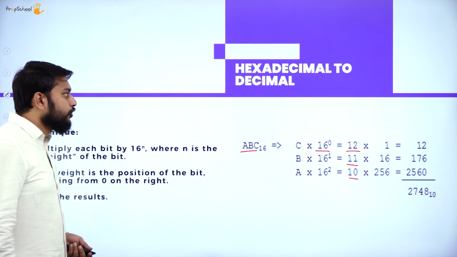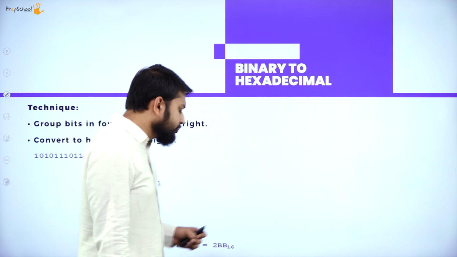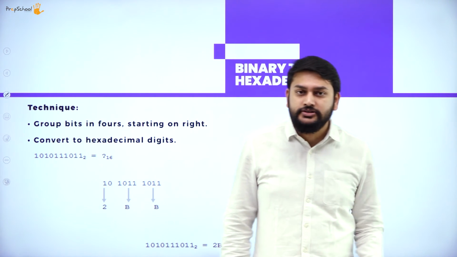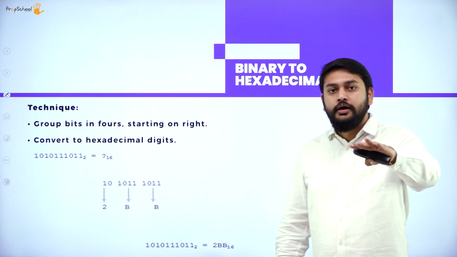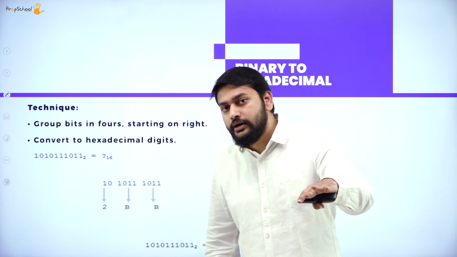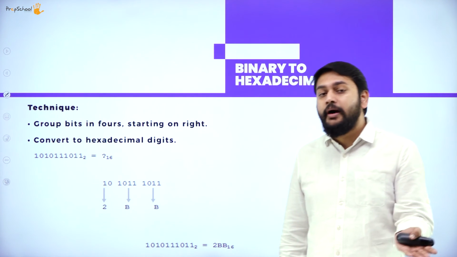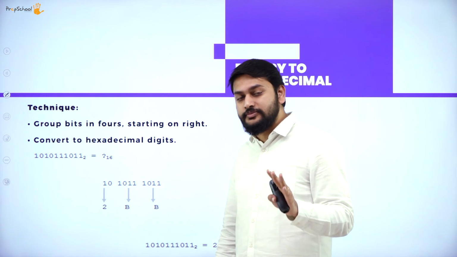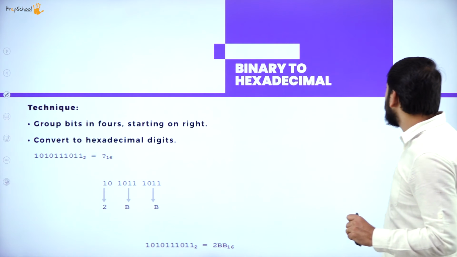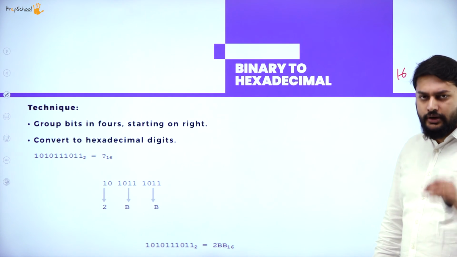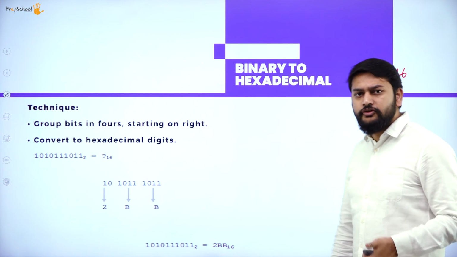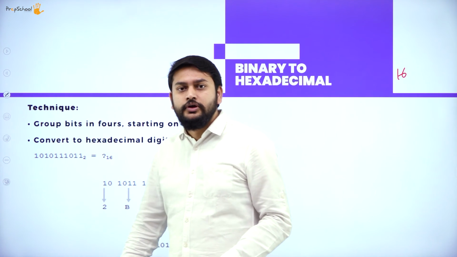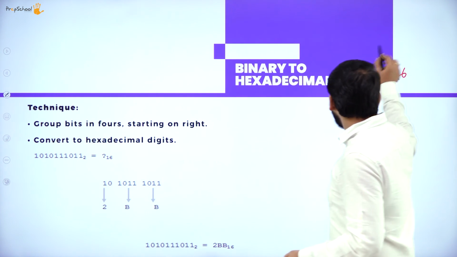All right. So guys, the next conversion that I have is binary to hexadecimal. We studied binary to octal, right? Then binary to hexadecimal. Hexadecimal in the sense I have 16 numbers, right? 0 to 15, in the sense 16 numbers I have. So can I use 421 code?